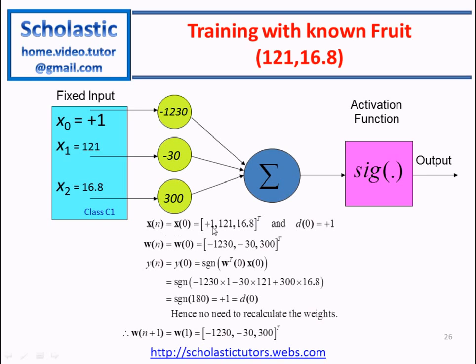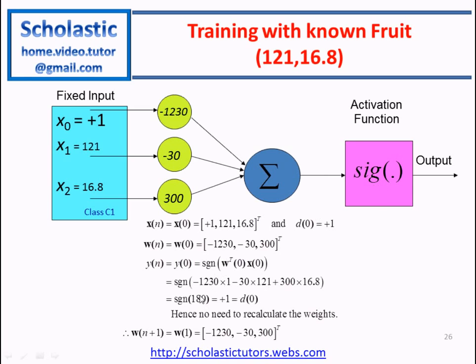That means our input vector, 1, 121, 16.8 transpose, and the weight vector, minus 100, 30, minus 30, 300 transpose, are multiplied together to get a value of positive 180 inside the signum function. That means what is coming out from the summation is 180.